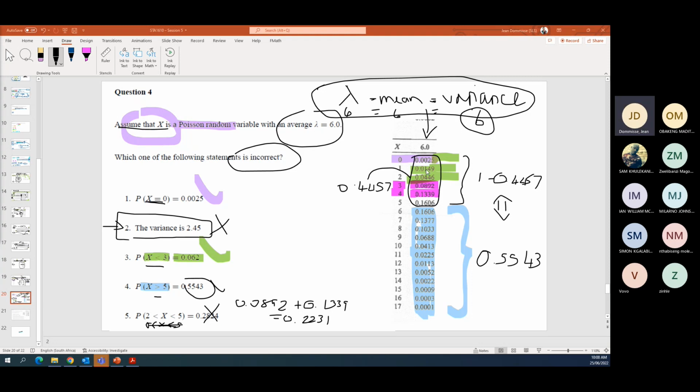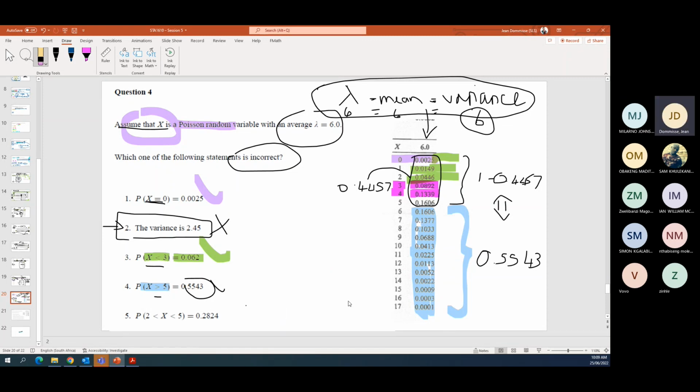You can quickly unmute and say, where did I make the mistake? Yes, you added 0.039 and not 0.339. 0.1339. Oh. Okay, so let's quickly.